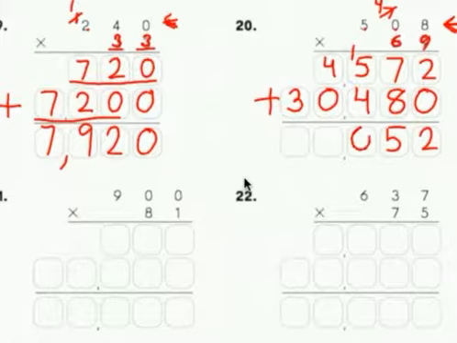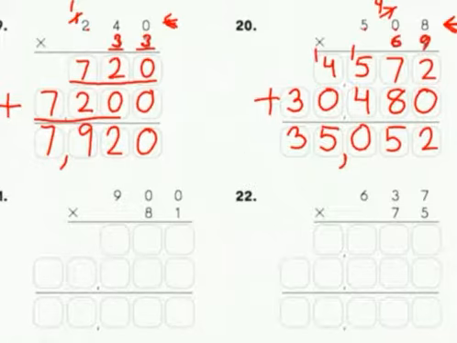Put the 0 down here and carry the 1. 1 plus 4 is 5. And nothing plus 3 is 3. Your answer is 35,052. Okay.